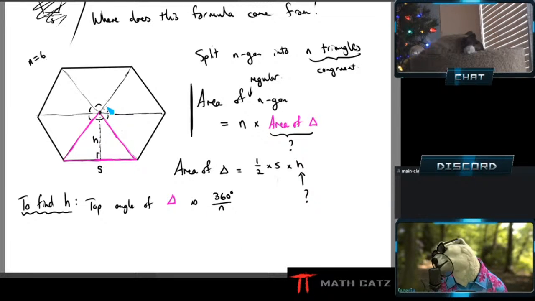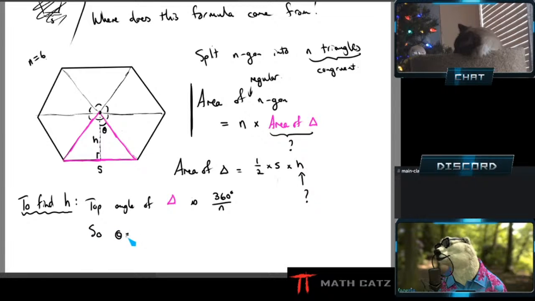When I look at my pink triangle, I can't really use this angle completely. Let's just look at this little angle, theta. When I take the perpendicular line down to the base of the triangle, it splits the top one into two.